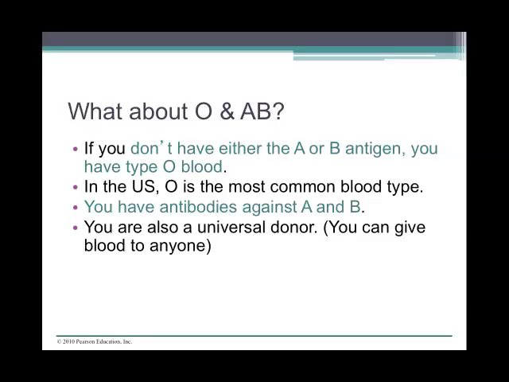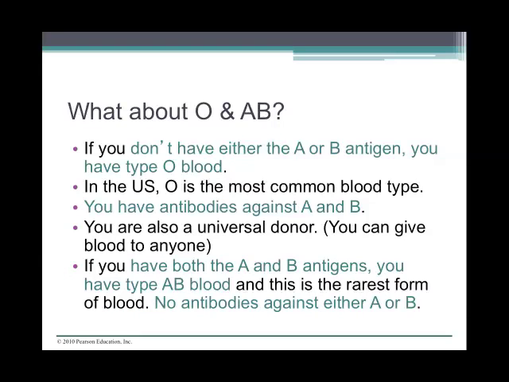You can give blood to anyone. If you have both the A and B antigens, you have AB blood, and this is the rarest form. And you don't have antibodies against either A or B.